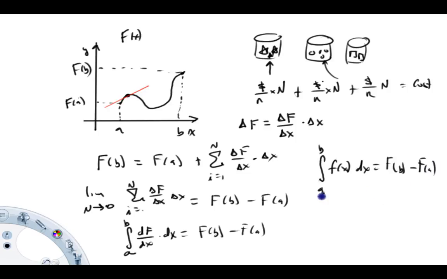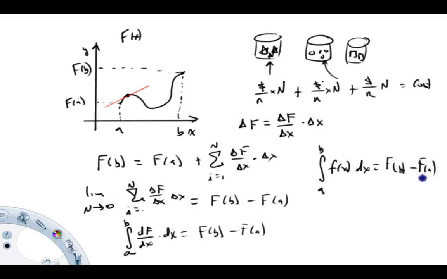And this equation is basically a corollary to what's called the fundamental theorem of calculus. I'm going to save the fundamental theorem of calculus for another video and just talk about this. This equation is typically used to evaluate integrals. So what this is saying is the integral from a to b of f of x dx is equal to F of b minus F of a.